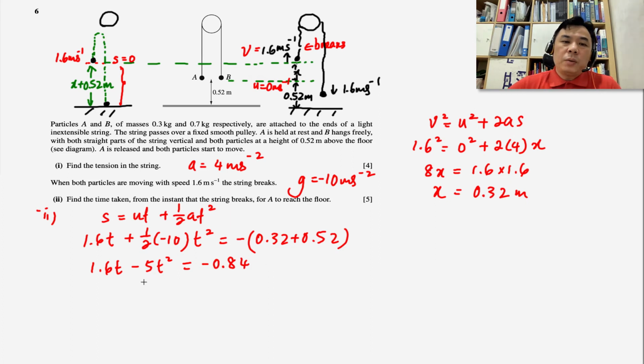By rearranging this so that we can form a quadratic equation, we will have 5t squared minus 1.6t minus 0.84 equal to 0. So from here, we're going to find out how long it takes.